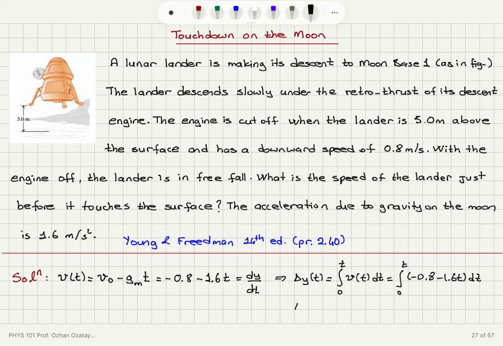So the displacement we have on the y-axis in the time interval t, delta y as a function of t, will be minus 0.8 t minus 0.8 t squared, because it's 1.6 t squared divided by 2, so 0.8. And at the final time, t equals tf, it touches the surface. So the lunar lander will touch the surface.